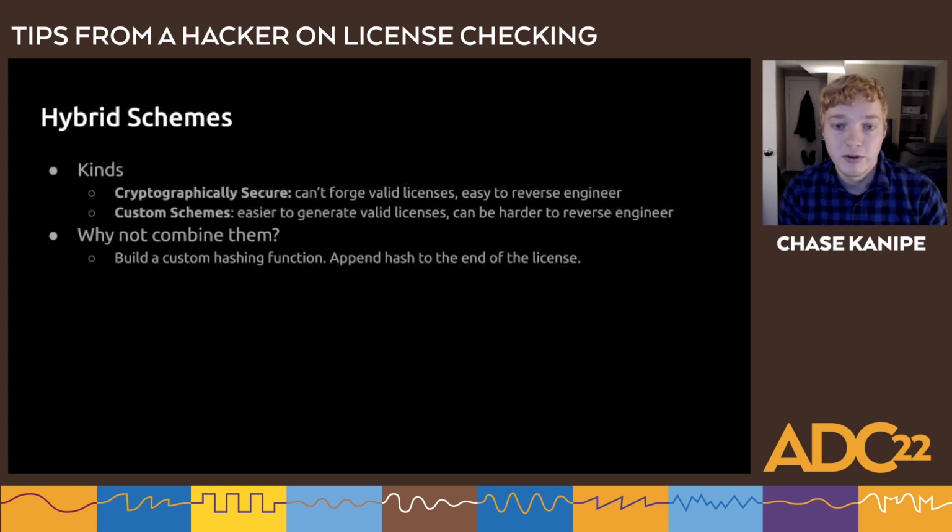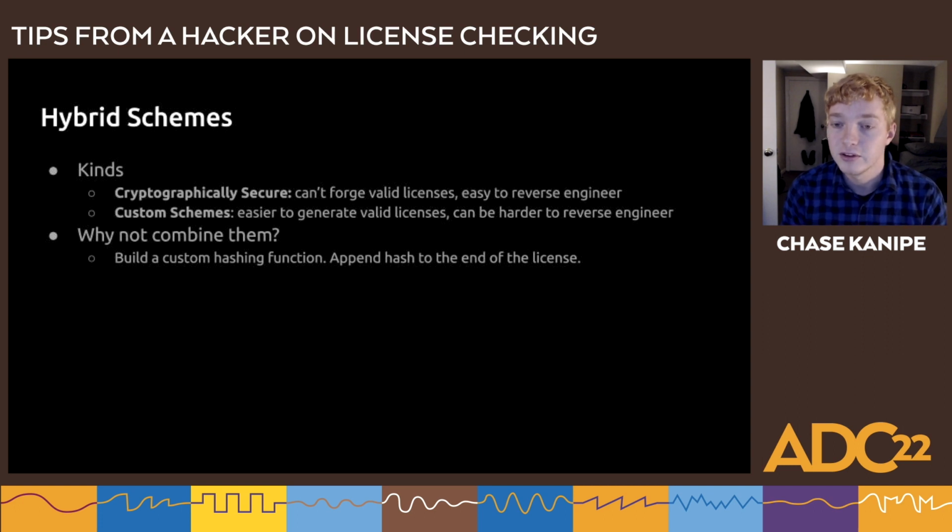The alternative is custom schemes, or schemes that combine, in a sort of user-defined way, a variety of open source algorithms for encryption and decryption. With these schemes, if the cracker wants to spend the time reverse engineering the convoluted use of some combination of encryption and decryption algorithms or hashing functions, it may be that they can forge valid licenses.